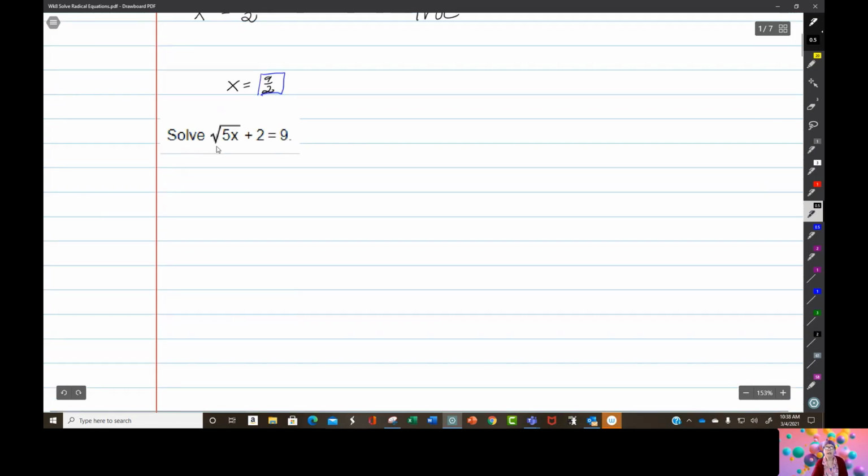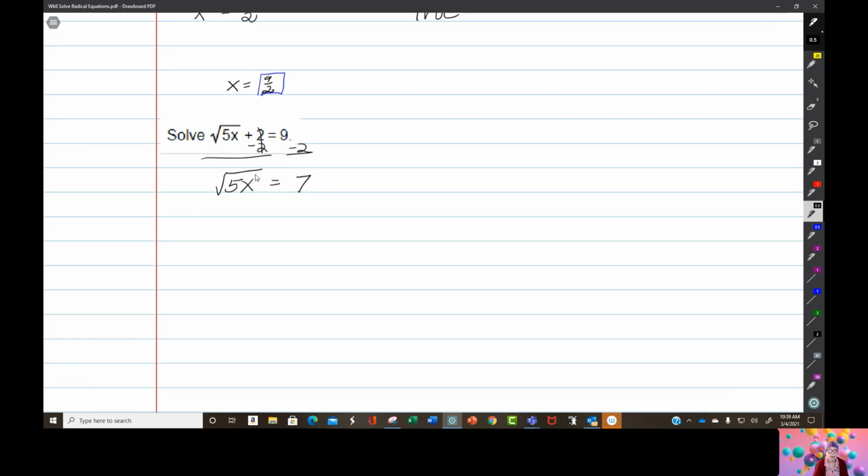All right, now, here we have another one. The square root of 5x is not by itself. There's a 2 added onto it, so we have to subtract that 2 off the left-hand side, so that our square root of 5x is isolated, and 9 minus 2 is 7.